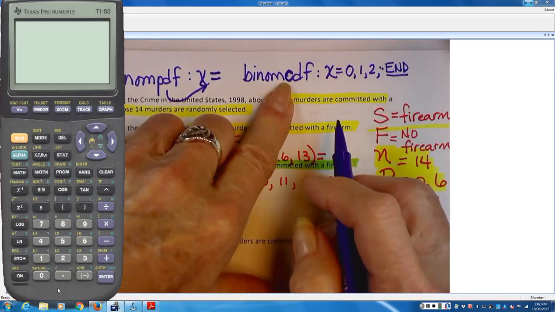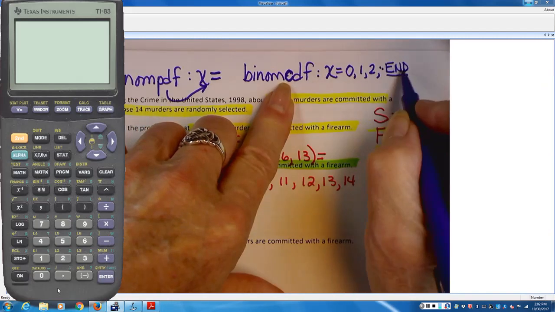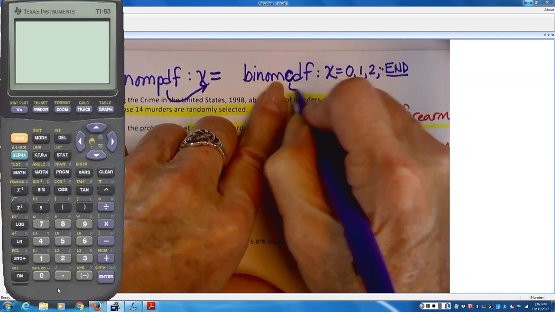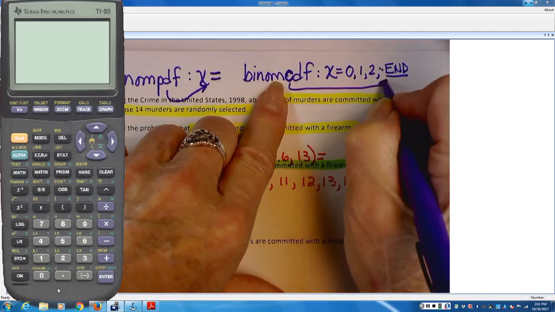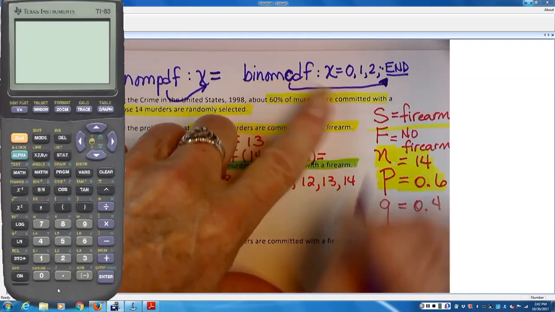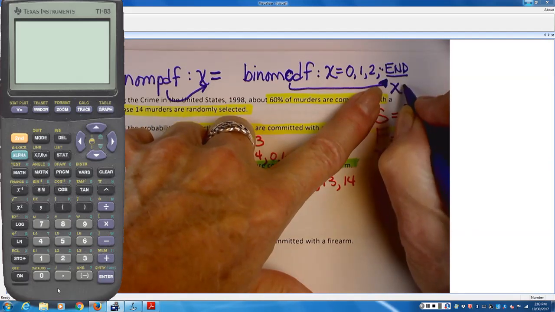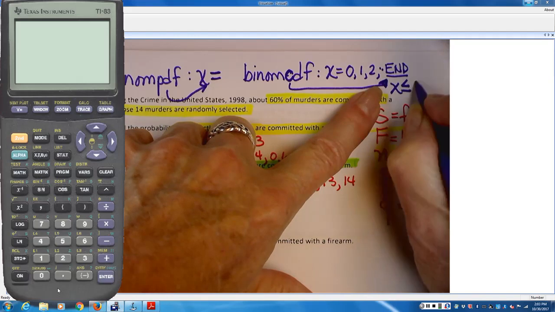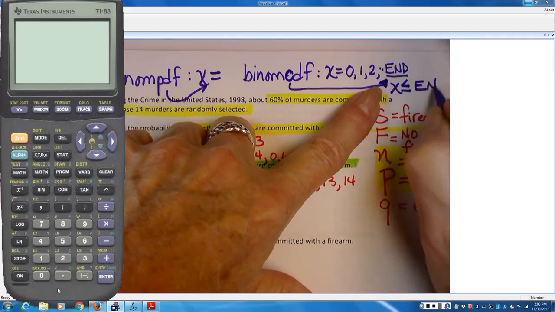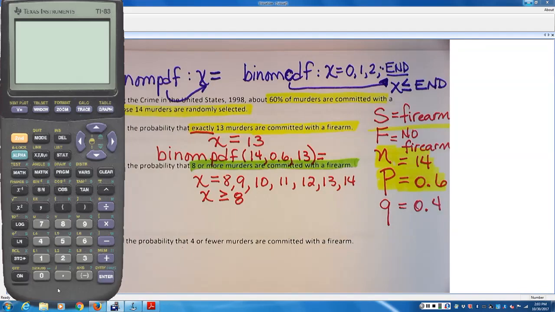Binomial CDF means that x equals this going up to some ending number. Okay? So this is actually x is less than or equal to the end. Whatever that last number is, that's what I'm calling end.